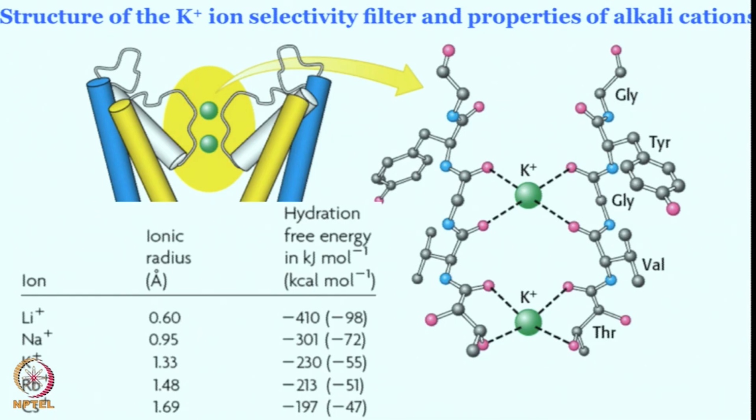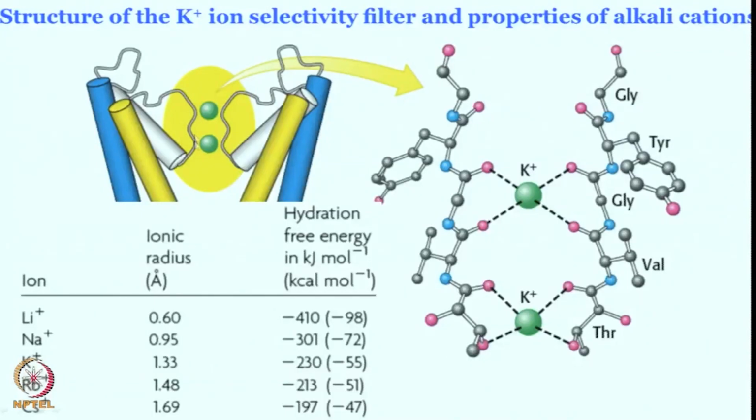With aqua molecules it becomes very big. Unless it can lose those waters pretty easily and interact with the protein backbone in this channel, it will not be possible for the metal ions to pass through. And this is precisely the reason why we see potassium ion selectivity.